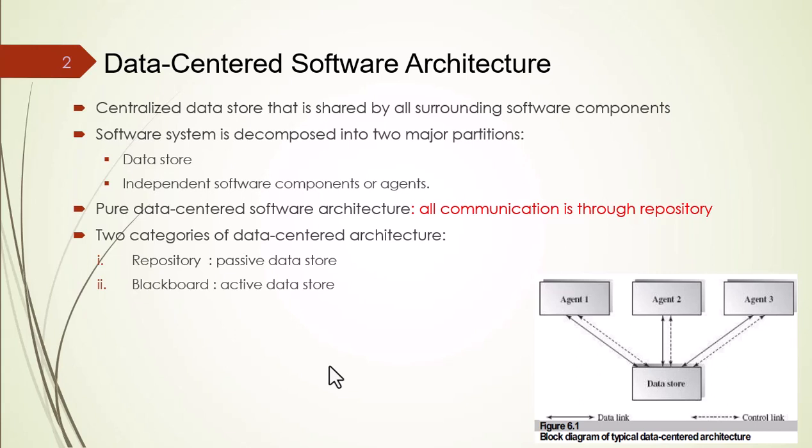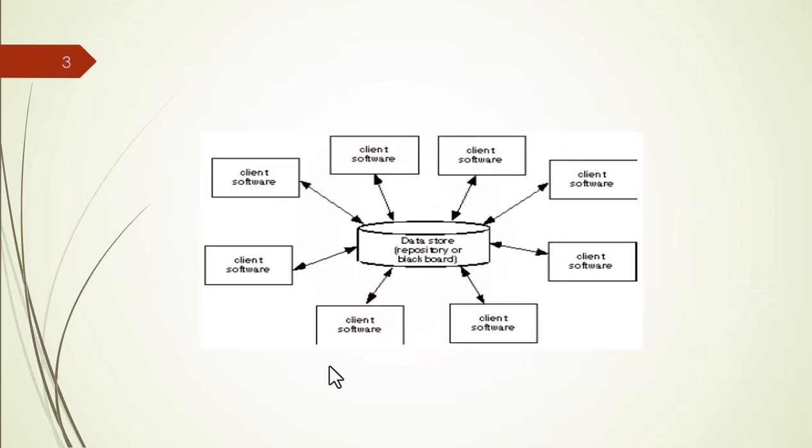If the module is quite large, such that it contains submodules or several components, different approaches can be used, but it does not differentiate whether it is a repository or blackboard. So let's talk in detail about the repository and blackboard.